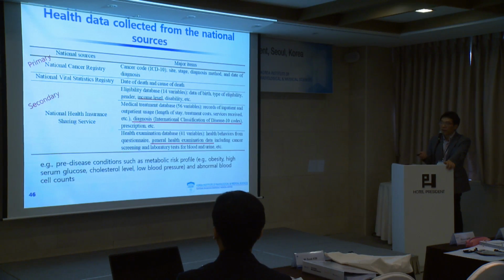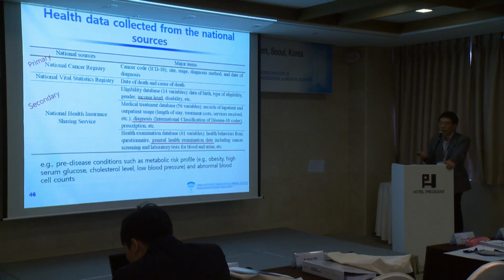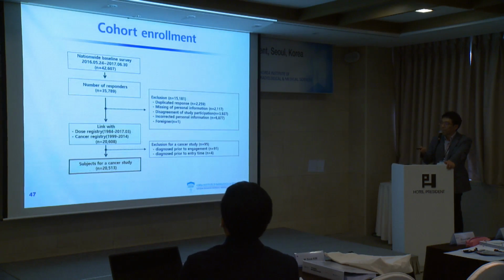Although the primary endpoint is cancer, we are also looking at the National Health Insurance data, because it provides very useful information, such as socioeconomic status, non-cancer diseases, and some health checkup data. So we are going to use both types of health data.